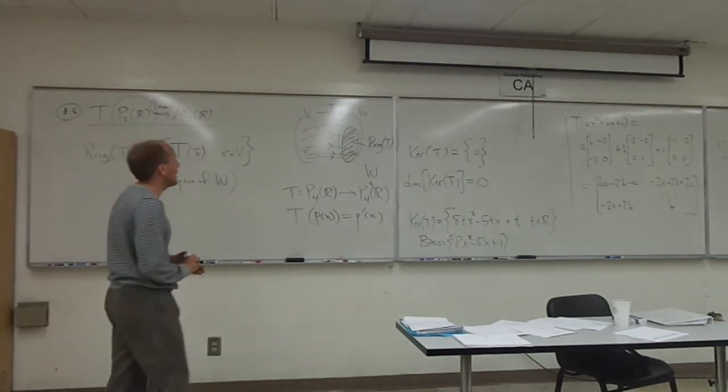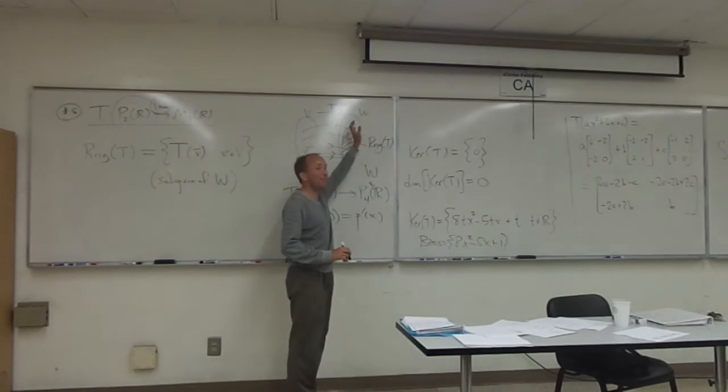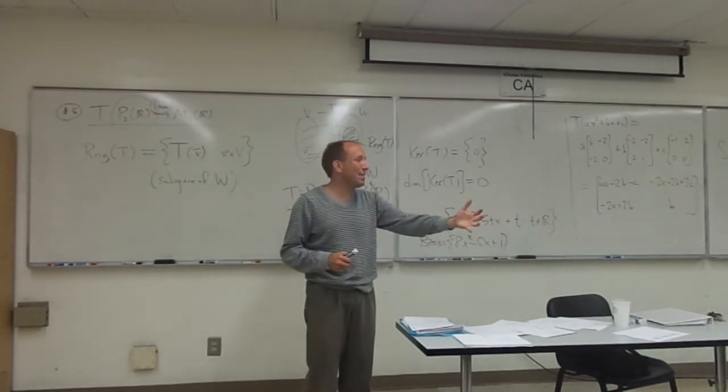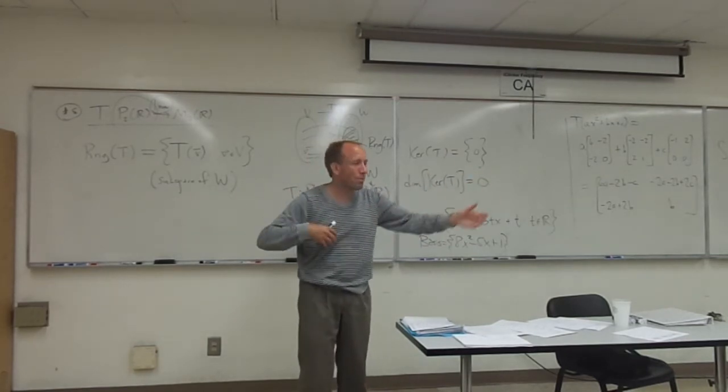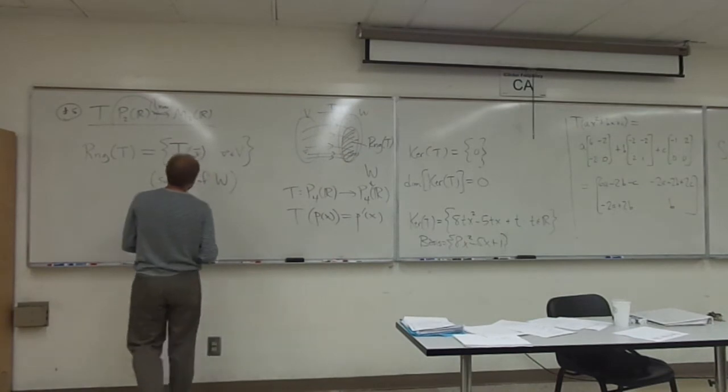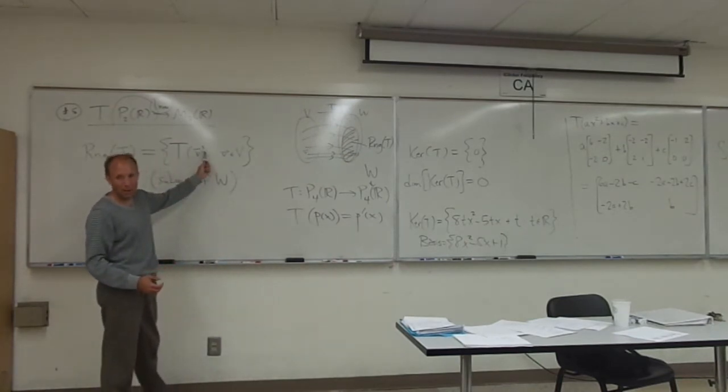So this is actually a subspace of W. Turns out this is very important because this range of T is connected to the kernel of T. So we can get information back and forth between these two subspaces. This is the set of all possible outputs.